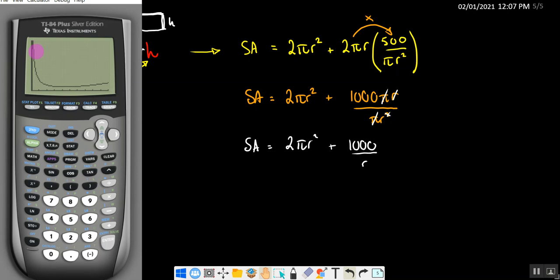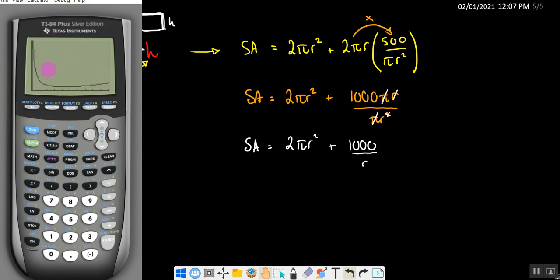As you make r a bit bigger, the thing shrinks in terms of height, and the surface area gets lower, all right? But it becomes more manageable. And then when r gets even bigger, the surface area will get bigger again, but only slightly. It doesn't rise up in the same way it came down. So there is a slight rise. So around here is what we would call our local minimum value.